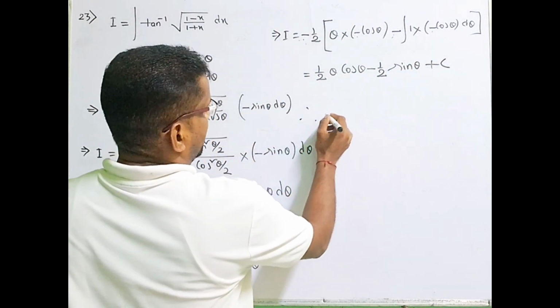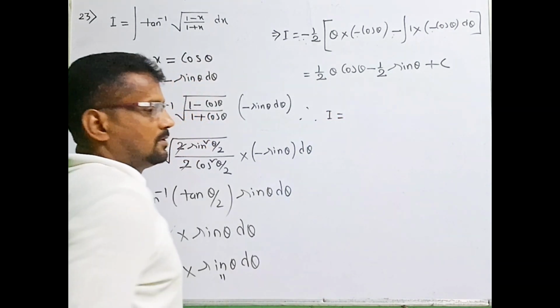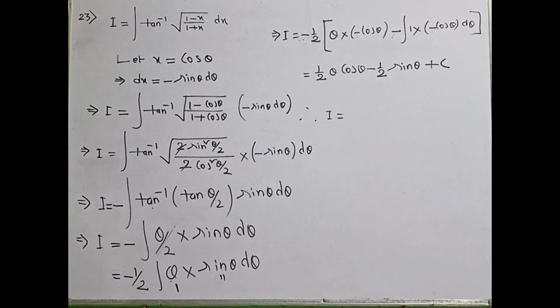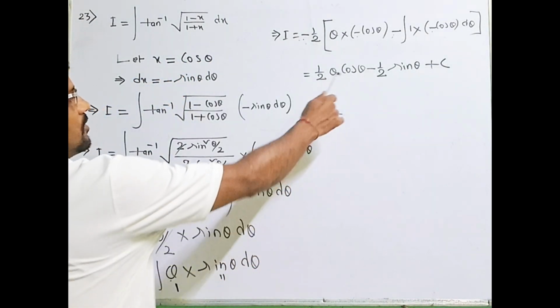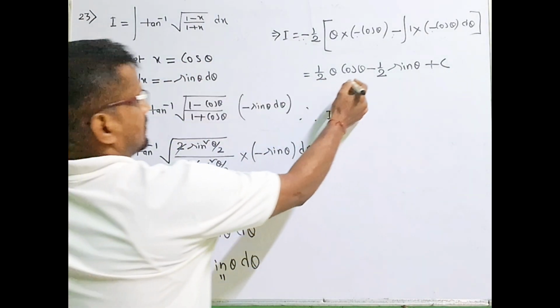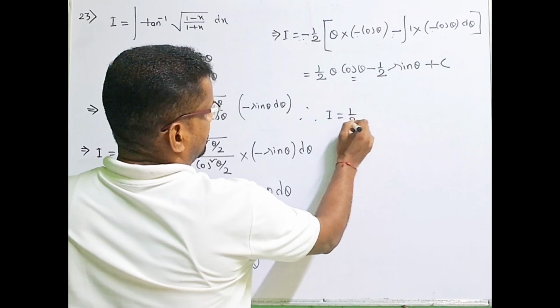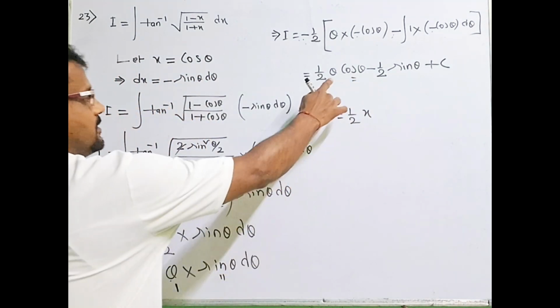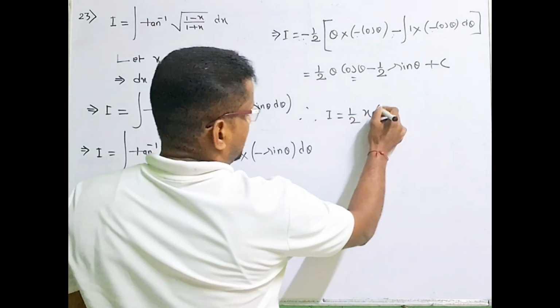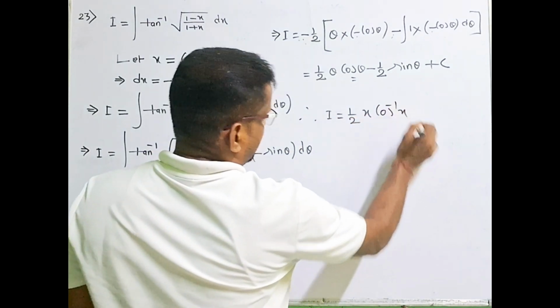So finally I have to replace the value of theta in terms of x. So theta is what? Cos inverse x. Cos theta is what? x. Cos theta is x. So half of, let me write the value of cos theta first, x. And theta is cos inverse x, so I can write cos inverse x here.